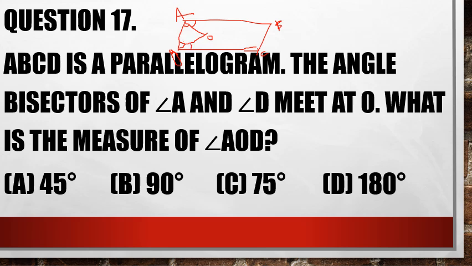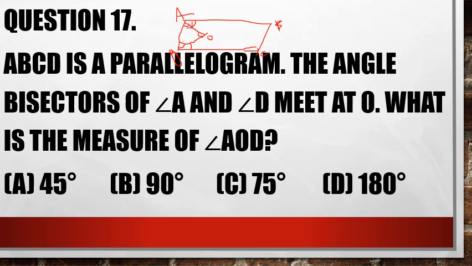The question asks us to find the measure of angle AOD. Where is AOD? This angle. We know the two adjacent angles of a parallelogram are supplementary, that is, 180.